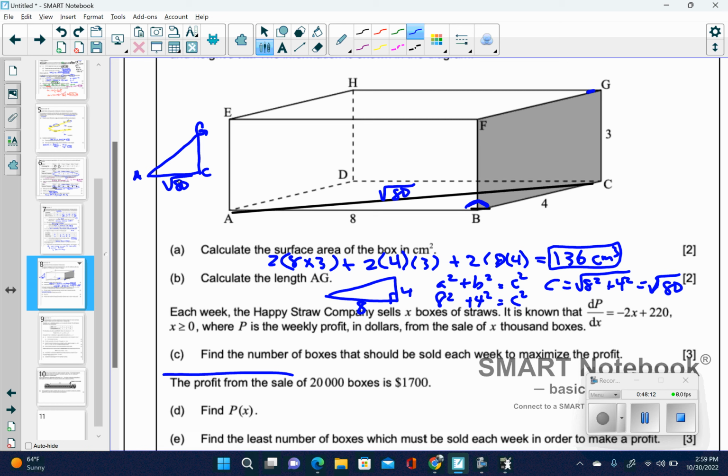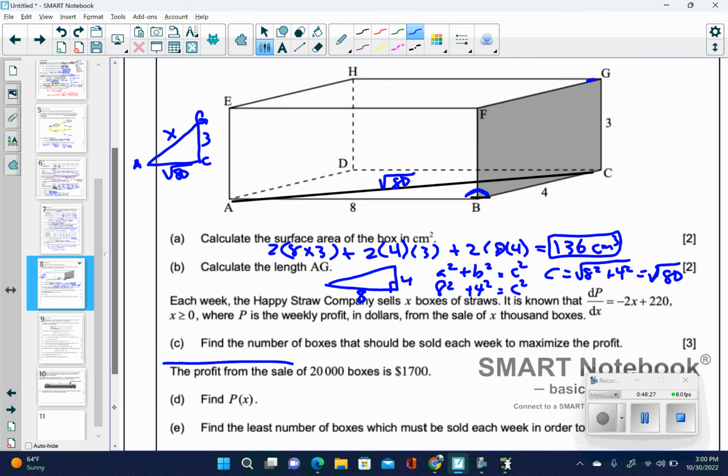Let's see what else we know. We also know that GC, which is this part right here, is equal to 3. So we could definitely find out what this is by using the Pythagorean theorem as well. So this is AG, which we'll call x.